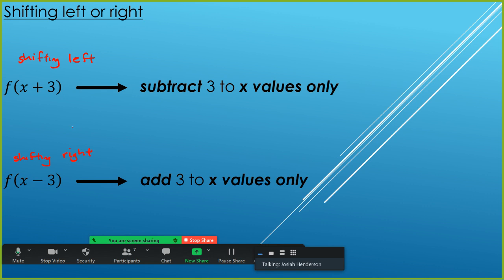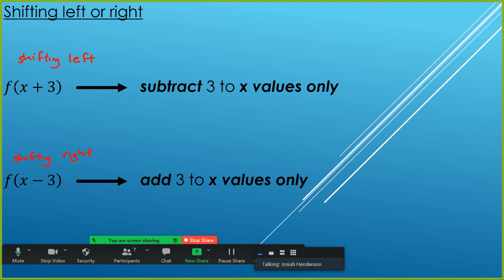Now things might get a little weird here. Hopefully you remember what we did for straight line transformations. When we were doing straight line transformations, we do everything for the y at face value. And whenever we're doing a transformation to x, or left-right, we do the opposite of what it looks like.